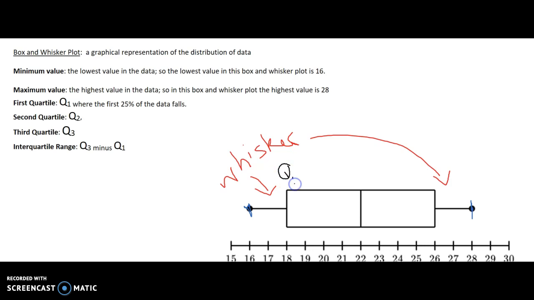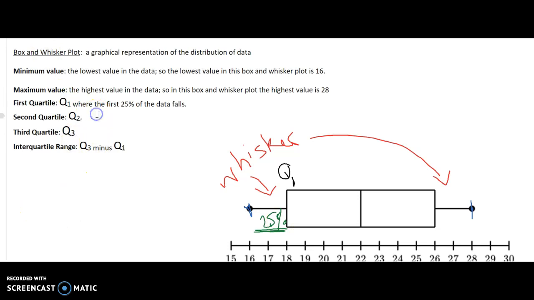I do want to emphasize that the 1 is a subscript. In other words, the 1 is smaller than the Q. The Q is uppercase. And just like when you have an exponent that you write small, the 1 is also small, but on the bottom. So that's called a subscript. So this is the Q1. In other words, 25% of the data exists between the numbers 16 and 18. This is 25% of the data. And that's how we define the first quartile.